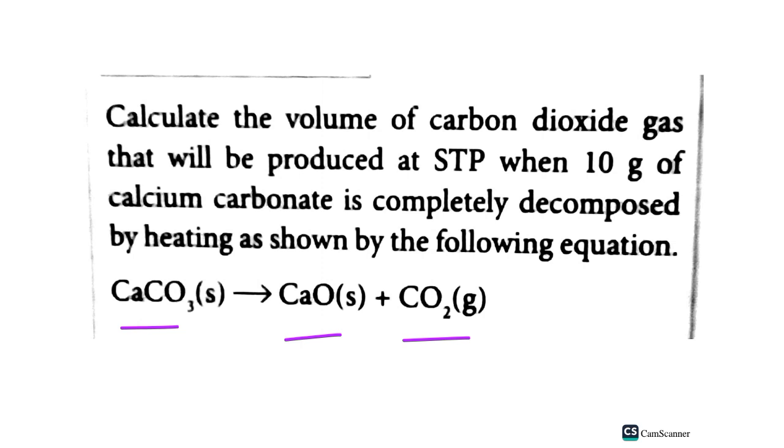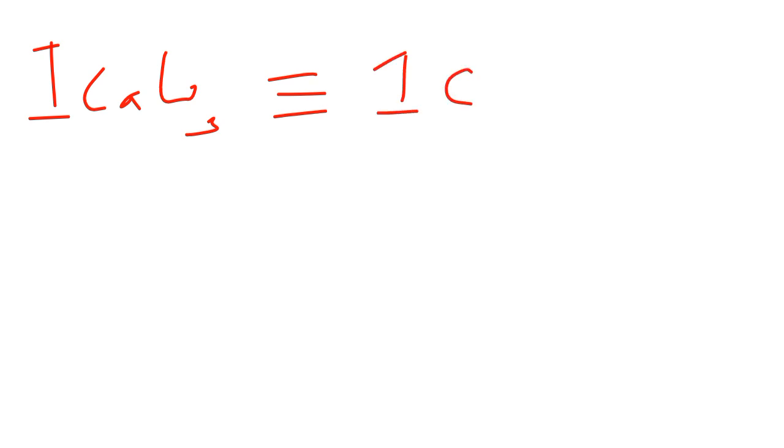Now we look at the stoichiometric coefficients: here is 1 mole and here again is 1 mole. So 1 mole of calcium carbonate from the balanced chemical equation is equivalent to 1 mole of carbon dioxide.